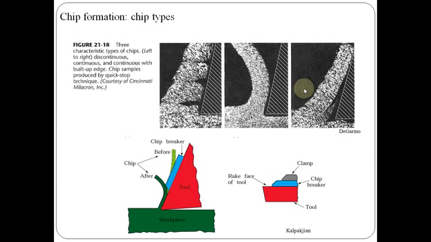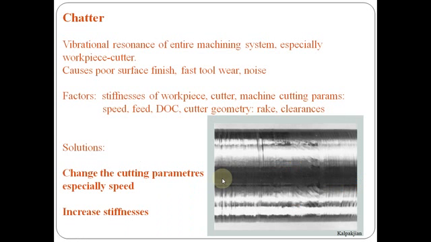During this process we may come across different chip types: discontinuous, continuous, or continuous with built-up edge. This is based on the nature of the work part and the cutting parameters. In order to overcome the continuous chip, we may use a chip breaker to handle the chip in a proper form.